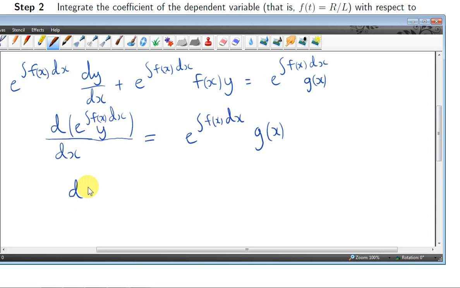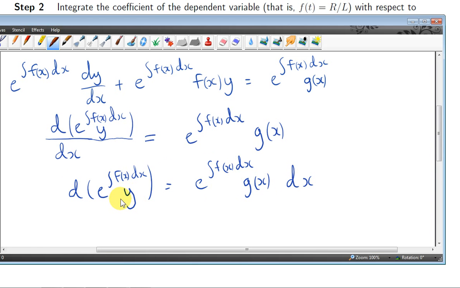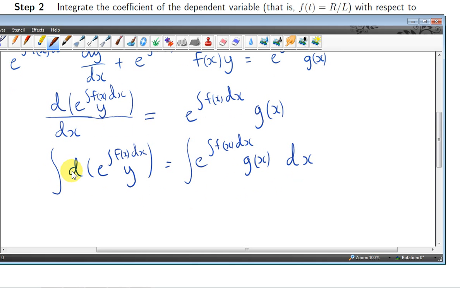The next step we know is to multiply both sides by dx. We have a y in here. Then we integrate both sides. If we integrate the differential of this thing, we just get what's inside the bracket.